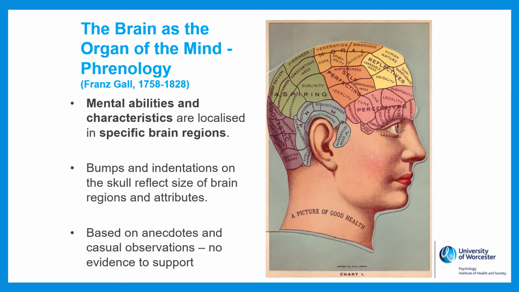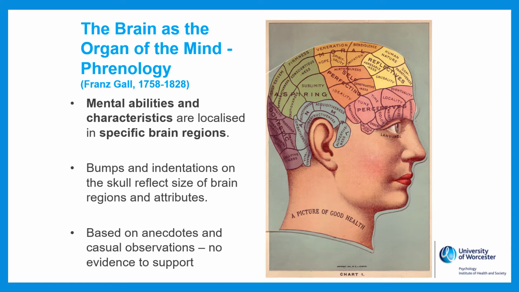Moving on from this, there's been the concept of phrenology. As you can see in this diagram, it is thought that mental abilities and characteristics are localised in specific brain regions. So, for example, there are different characteristics and mental abilities which are split into domestic, aspiring, animal, moral, self-perfecting, perceptives and reflectives.